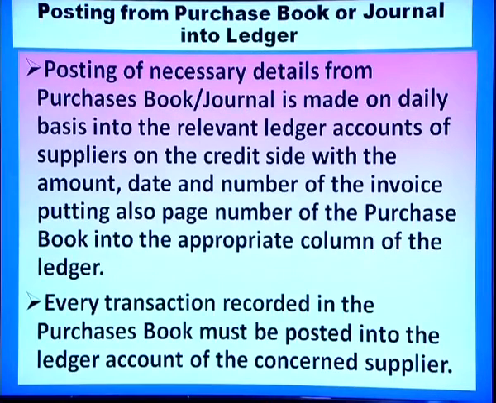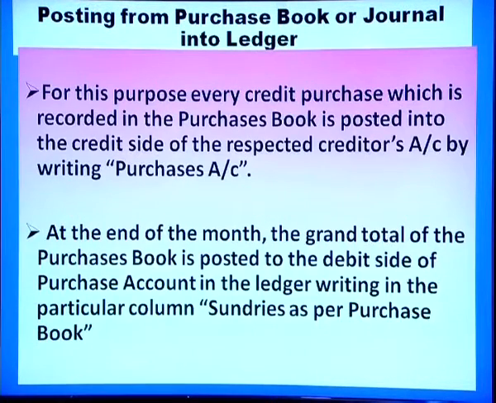Then coming to posting. From the purchases book, it is posted to the respective accounts. Every transaction recorded in the purchases book must be posted to the ledger account of the concerned supplier. For this purpose, every credit purchase recorded in the purchases book is posted to the credit side of the creditor's account.